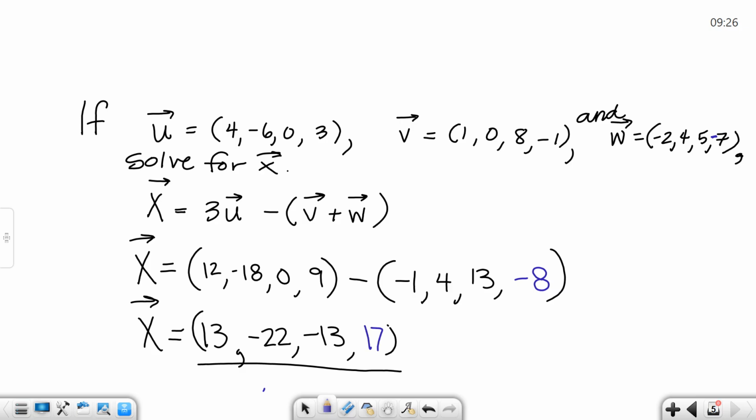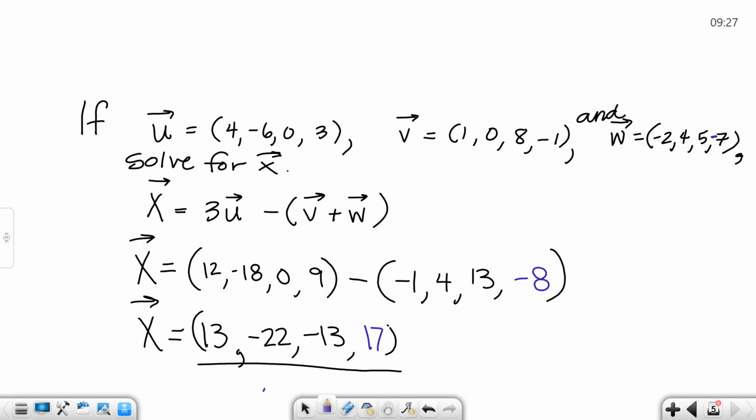But that's not on my sheet either. Good grief. 17. Okay, great. That is what it looks like. I'm happy with that one.